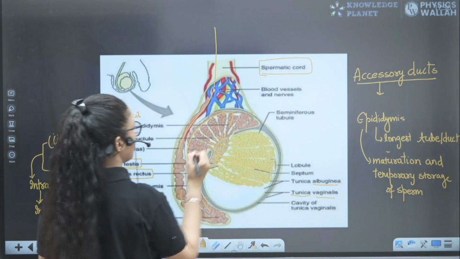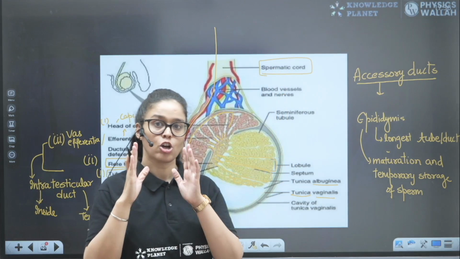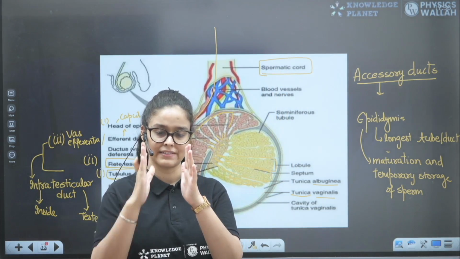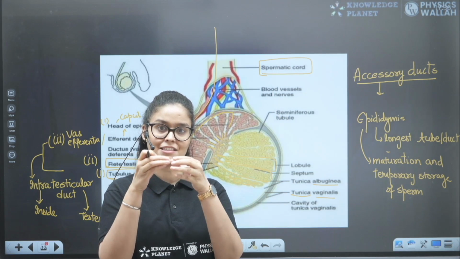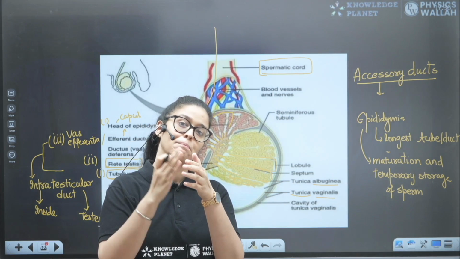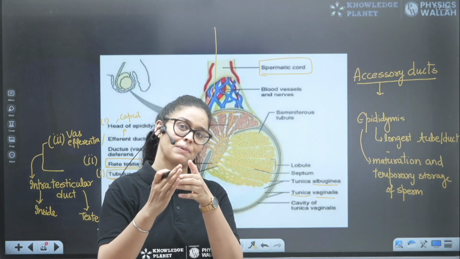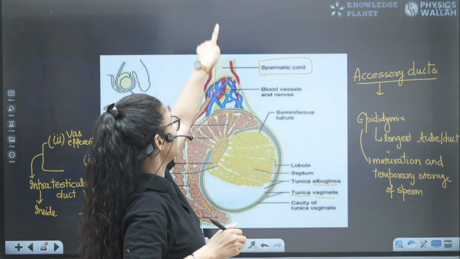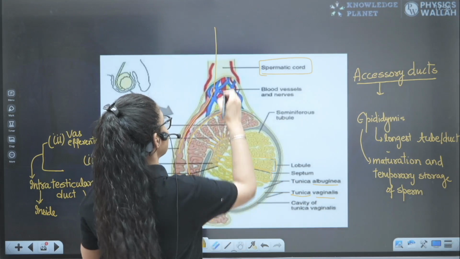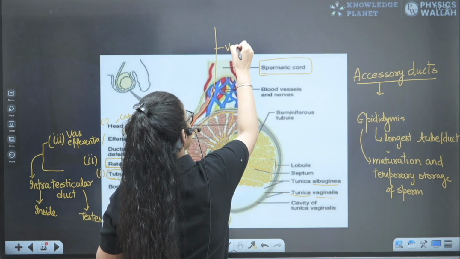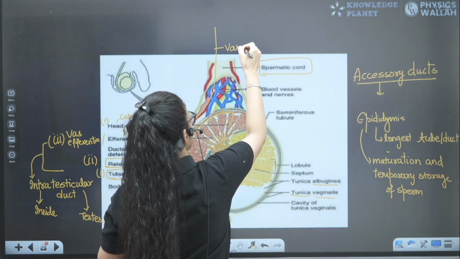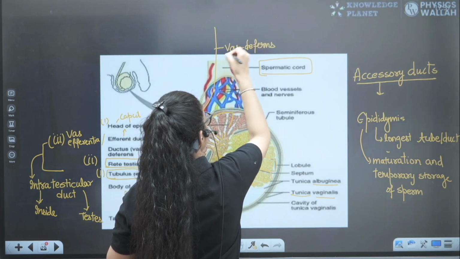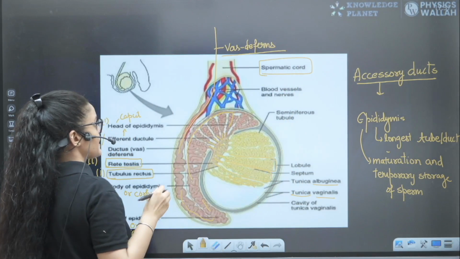The spermatic cord is the cord in the scrotum, and it is the passage for blood supply, nerve supply, lymph supply, and the testicular duct supply also. The vas deferens will ascend in the abdomen region. So these are the ducts.